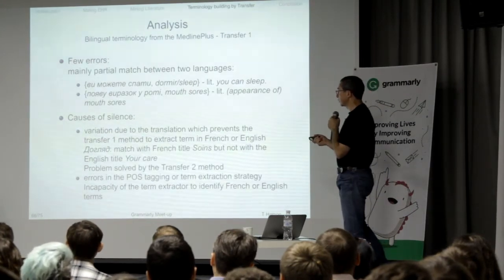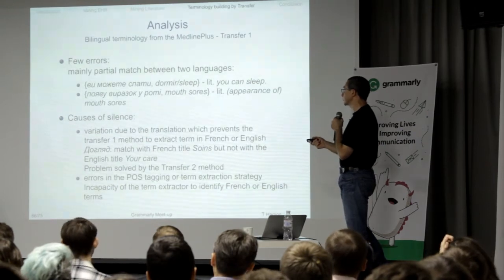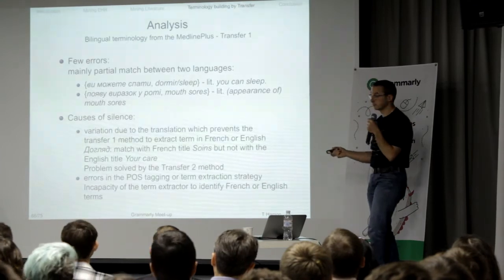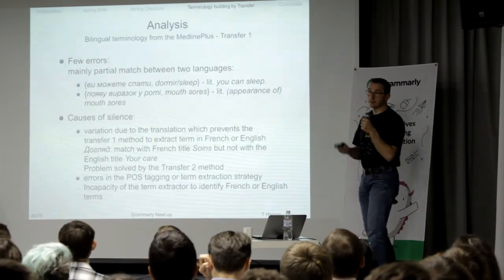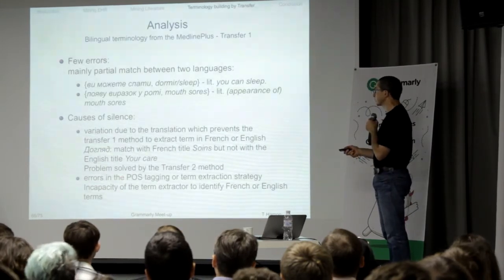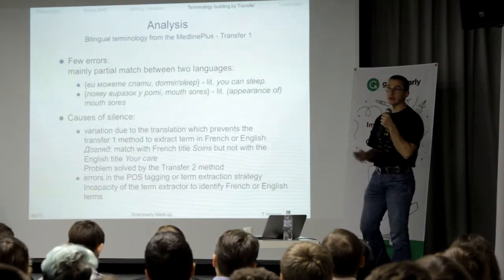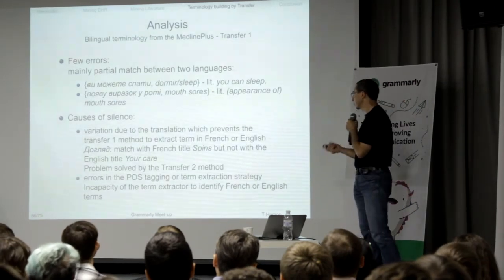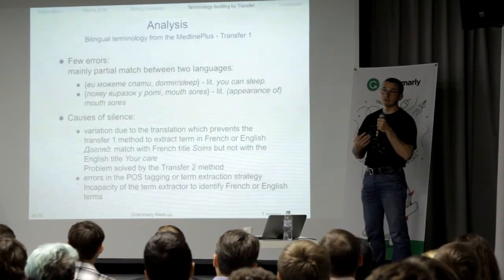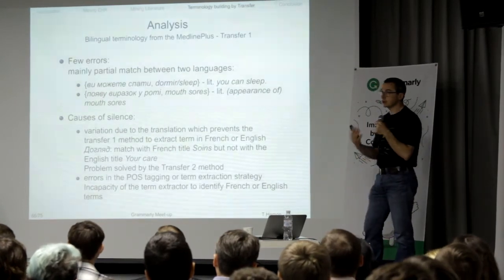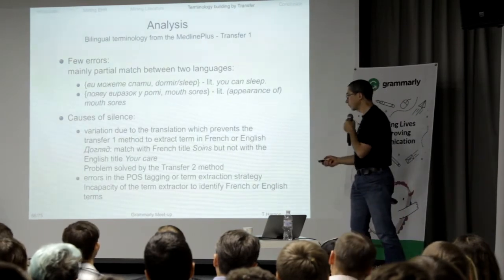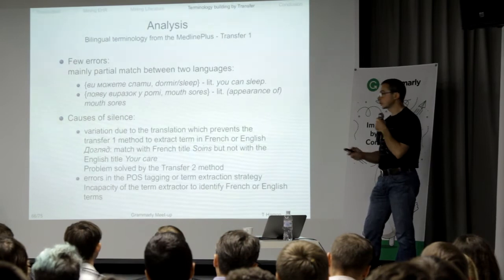So we can make the relation between the Ukrainian term and the French term, but not with the English term. This problem will be solved by the second transfer method. The other cause of silence is due to errors in the POS tagging and term extraction strategy, the case when the term extractor fails to recognize terms in English or French.